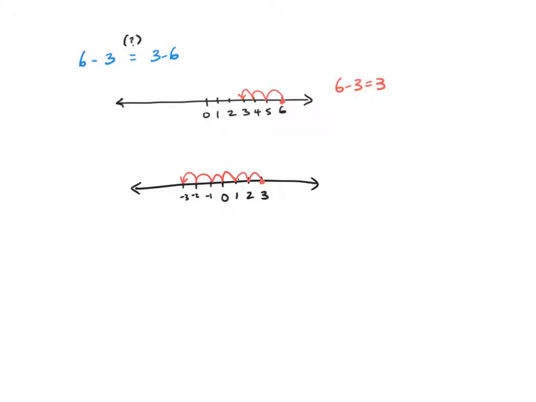And it looks like this problem, 3 minus 6, equals -3. So clearly subtraction is not commutative, which means the order matters. The order in which I place the numbers very much affects the result. So I've answered my question. 6 minus 3 does not equal 3 minus 6.